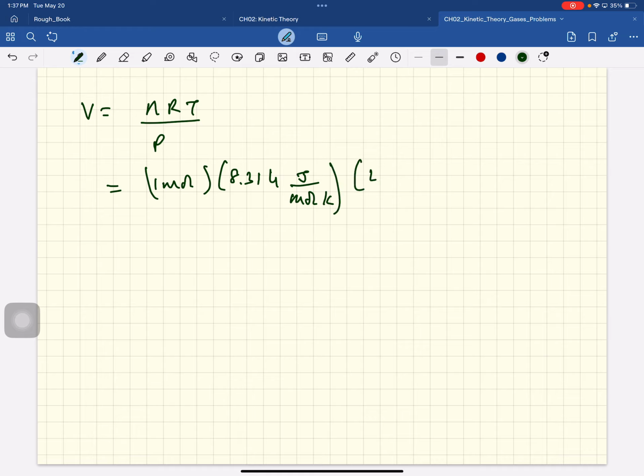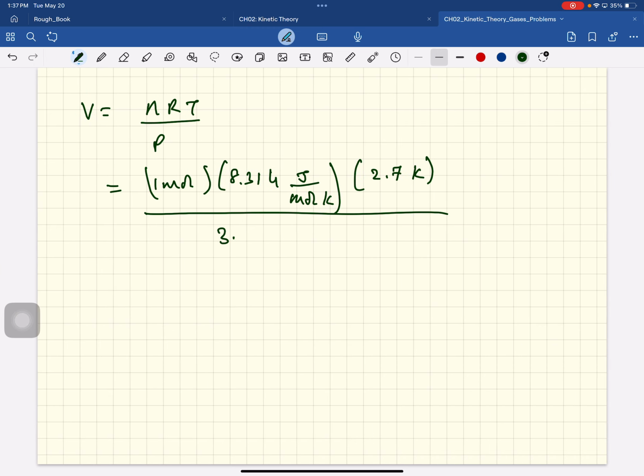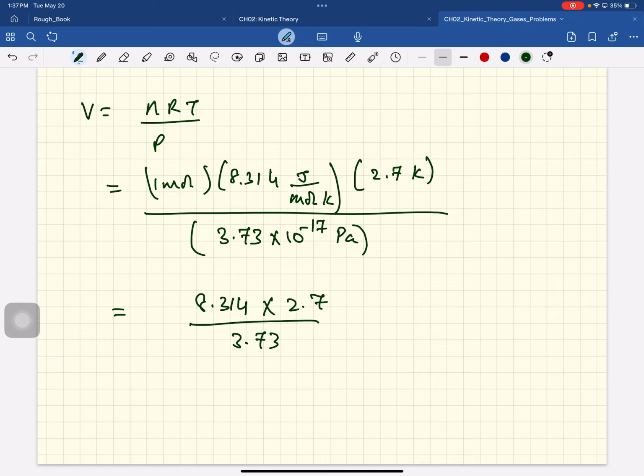The temperature in deep space is 2.7 Kelvin. And the pressure we calculated was 10 to the minus 17 pascal. So the pressure would come to the top and become 10 to the 17. So 8.314 times 2.7, times 3.73 times 10 to the 17, and this will come out in meter cubed.